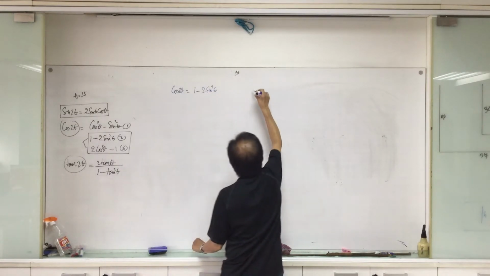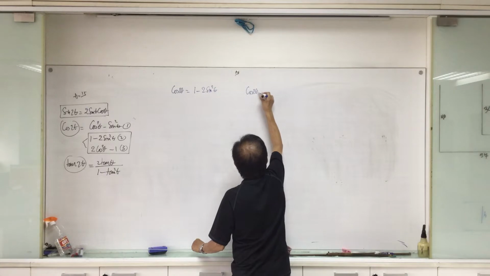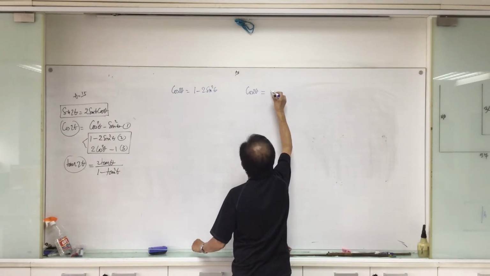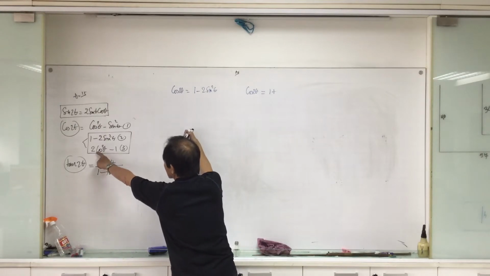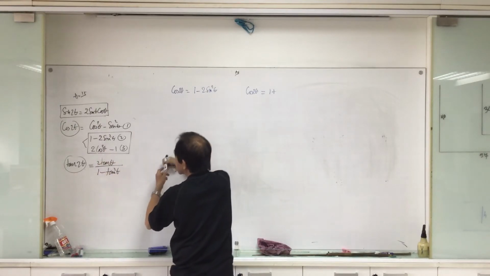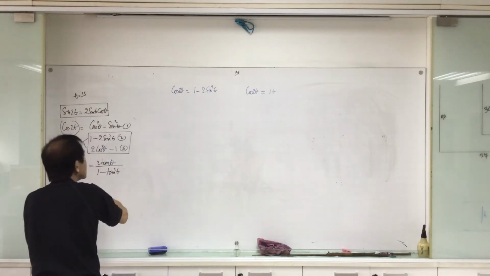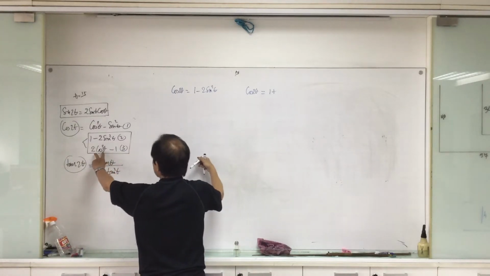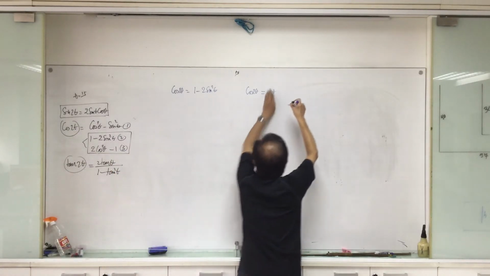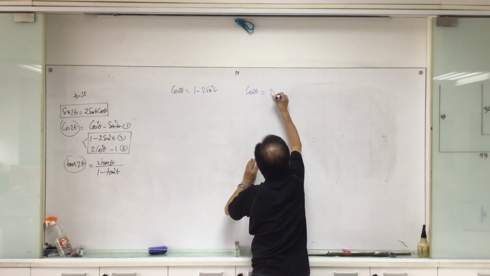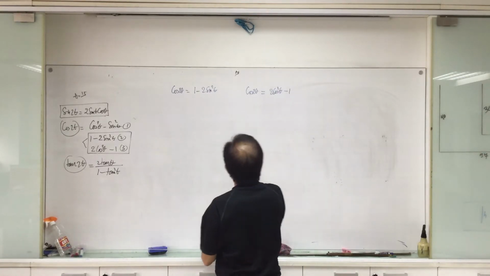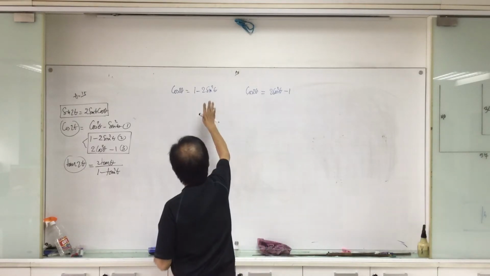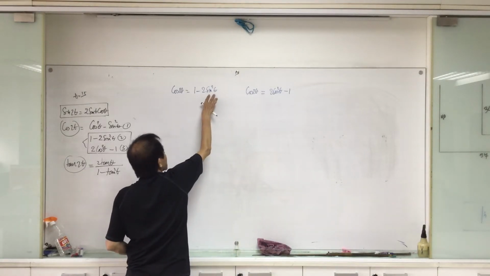And we have another one: cosine 2 theta equals 2 cosine squared theta minus 1. Okay, so now first of all, we want to isolate sine theta, the single one.